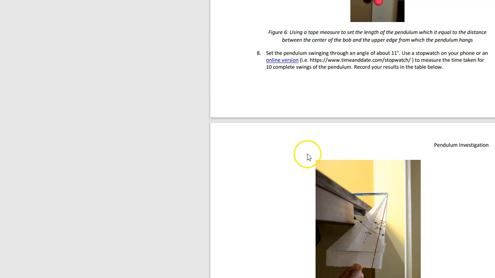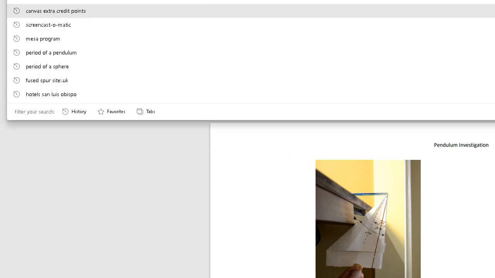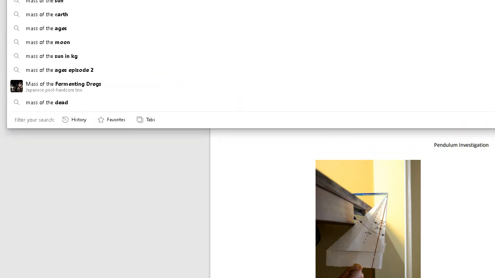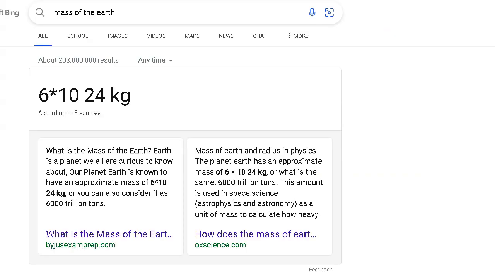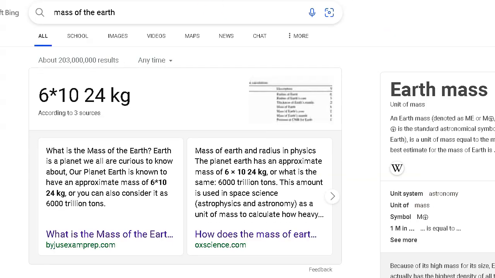We could do a quick Google search. Or rather, what I mean to say by that is, what is the accepted value? So the accepted value is 3 times 10 to the 24. So our order of magnitude was pretty good.